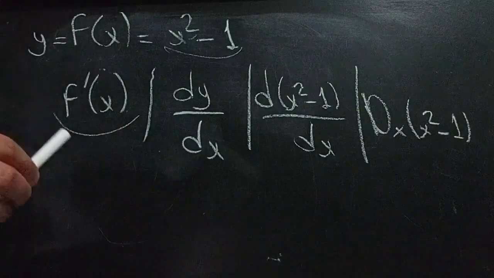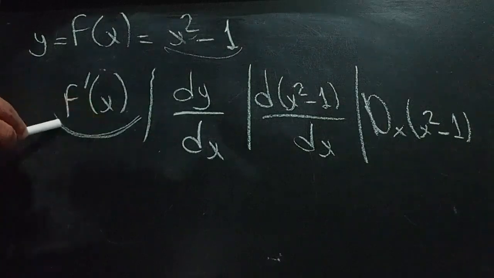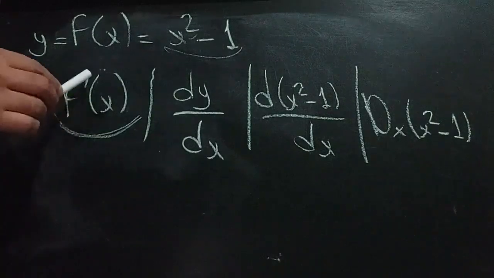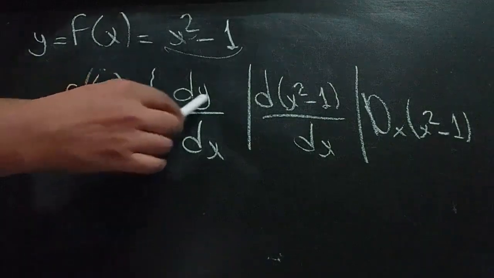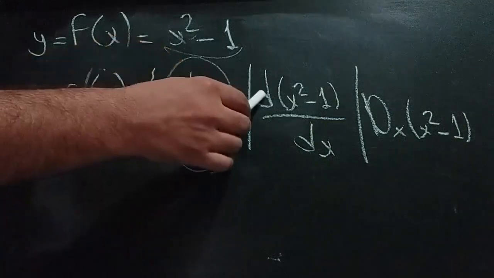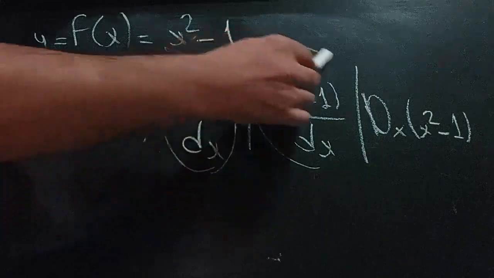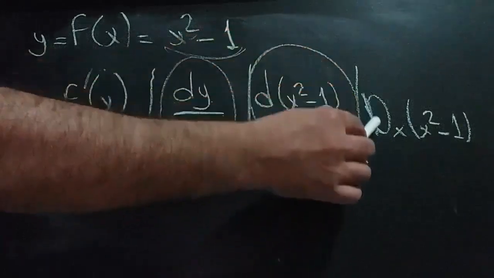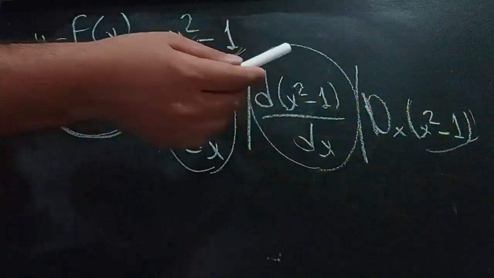Right, now in questions you may come across this: f'(x) and that small line, and dy over dx, the expression itself over dx, and that capital D x, the expression itself.